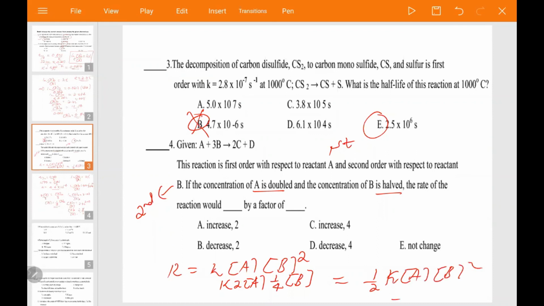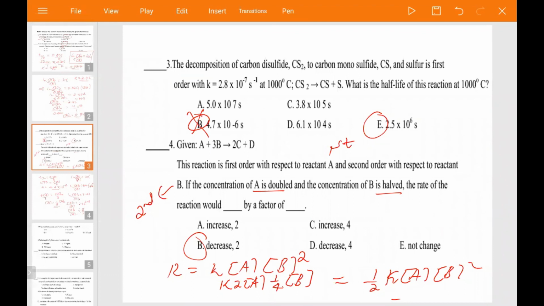So it is decreased by 2. Is that what you said? Yes. Correct, B is the answer. It decreased by 2, or in other words, it is reduced by half.